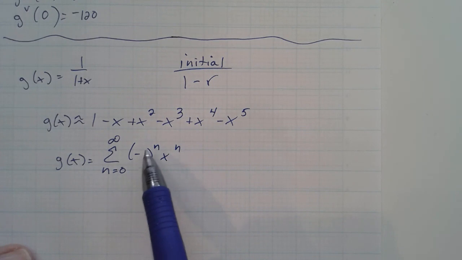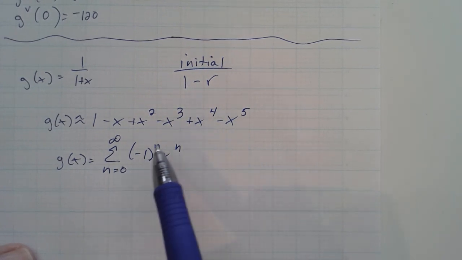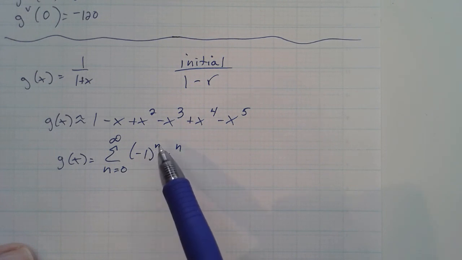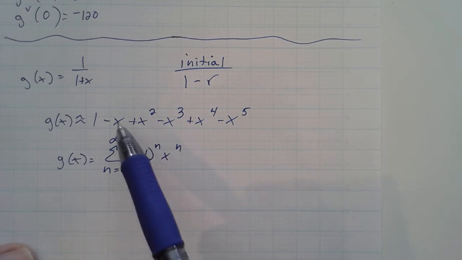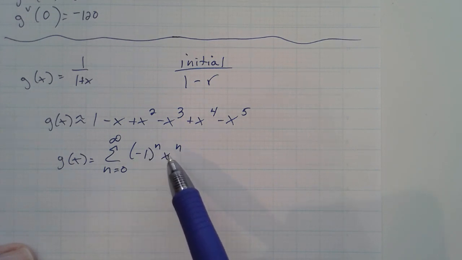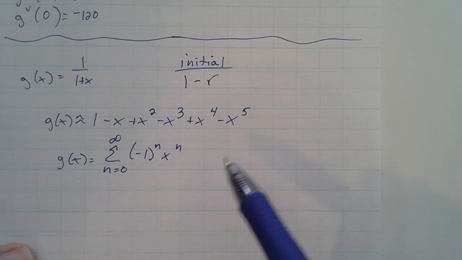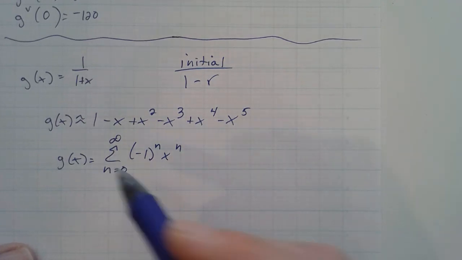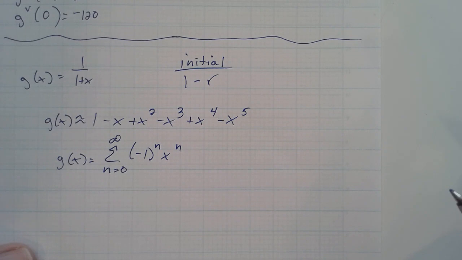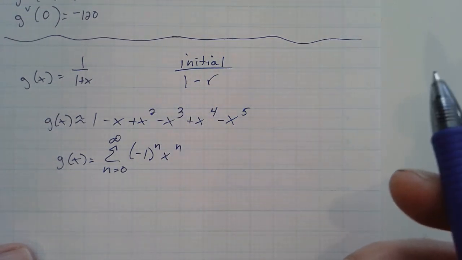Remember, if you're alternating sign, you need a negative 1 to the n, or negative 1 to the n plus 1. If I plug in 0 for n, I get 1 here and 1 here, so that works. If I plug in 1, I get negative 1 times x to the first, so that works. So that's our sigma notation for g of x, the whole entire series. That ought to do it for part A.